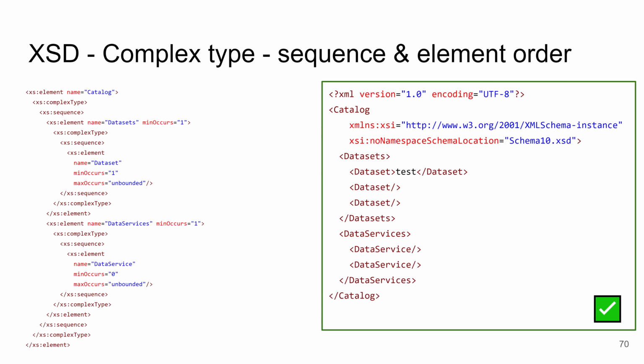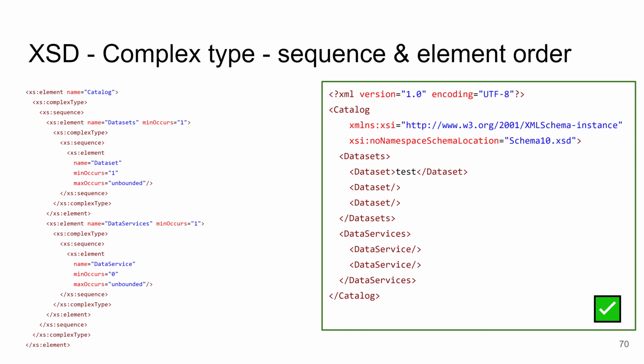What is typically being done is that if you want to have multiple datasets and multiple data services in your catalog, and you want them to be repeatable or optional, what you can do is introduce a grouping XML element like this, datasets and data services, within which you have only elements of one type. So it makes it easier to process such a document.